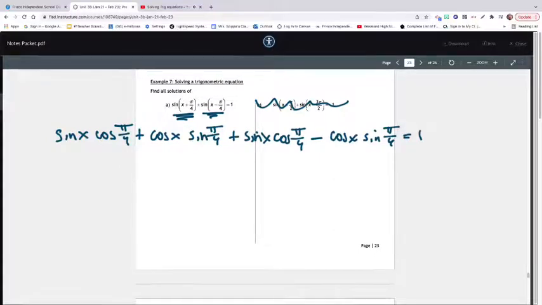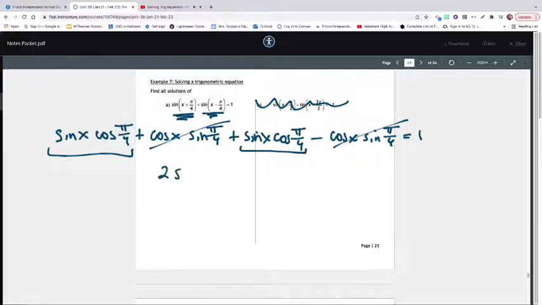All right, remember, looking at this, we can simplify real quick. These two are going to cancel, so they're gone because one's positive and one's negative. Then we've got sine x. Cosine of pi over 4 is square root of 2 over 2. You know what? Before I do that, I've got two of these right here.